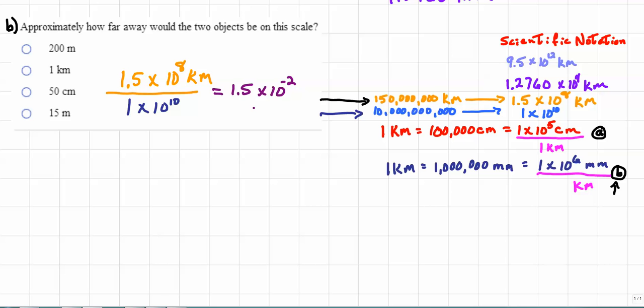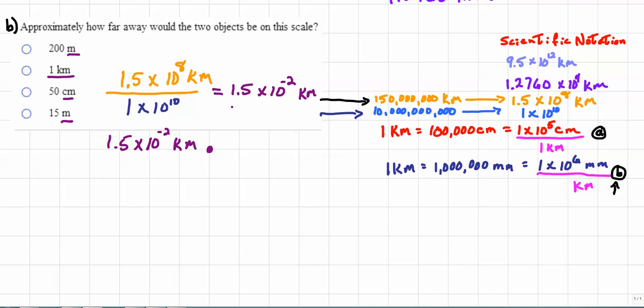Now, what factor is that going to be in? Well, that's in kilometers. And if I look very carefully, I don't have a 1.5 kilometer option. I just have a 1 kilometer. So that means it's either going to be in terms of meters or centimeters, because those are the only other two choices. So we'll take this 1.5 times 10 to the negative 2 kilometers, and we will multiply it by conversion factors.